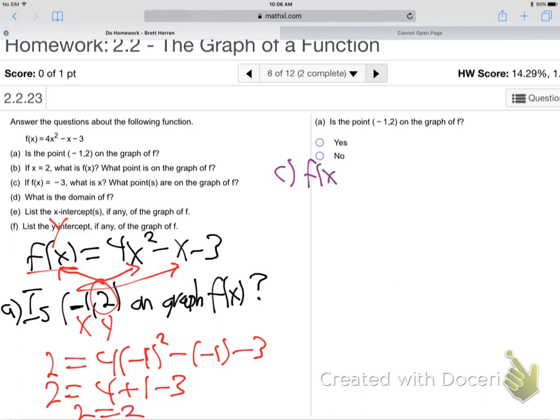They're saying f of x equals negative 3. What is x? f of x equals negative 3. Try that one.